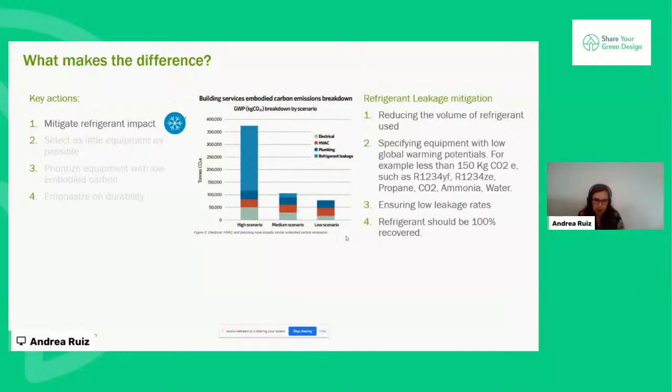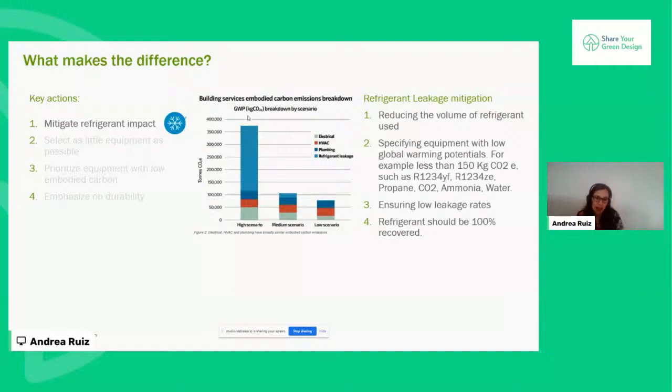So one of the examples that we see on the image in the center is an idea of what could be a high, medium, or low scenario of how that refrigerant could be selected.